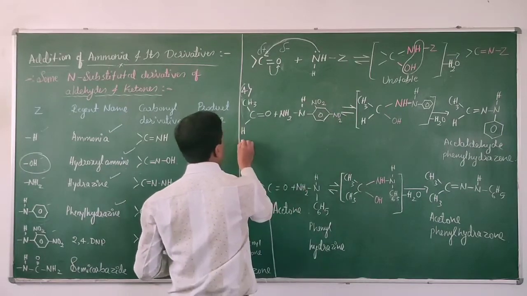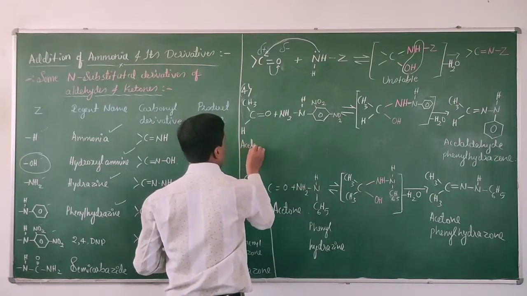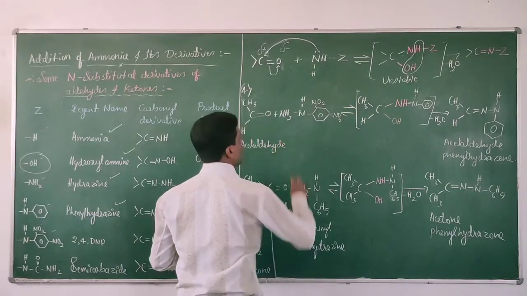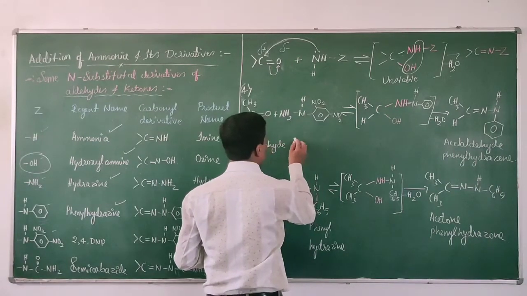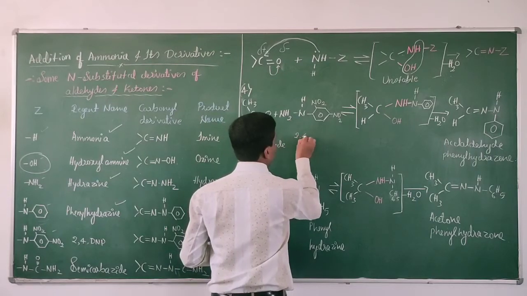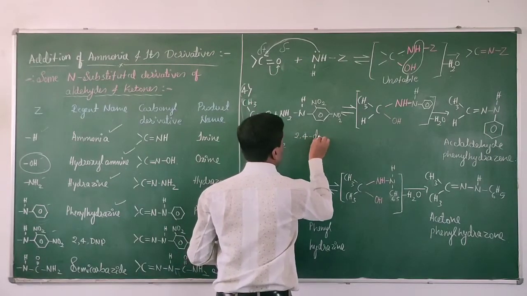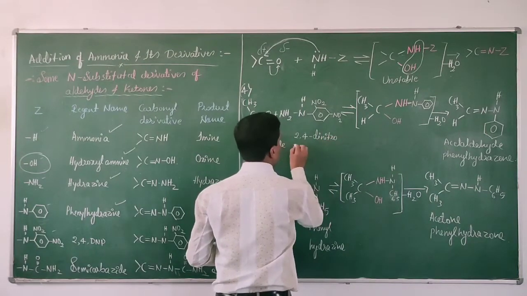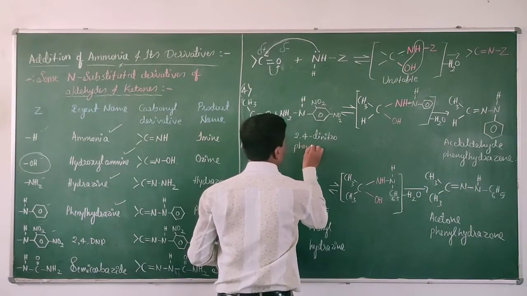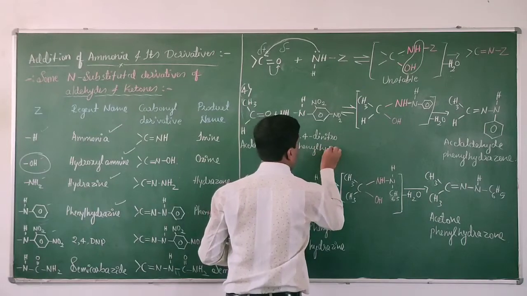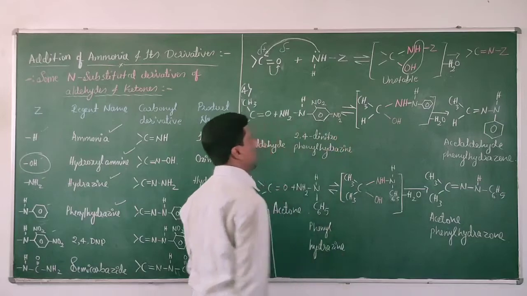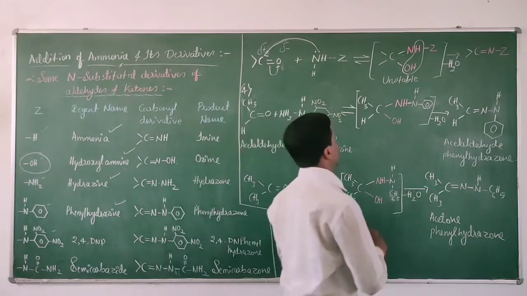This is what? Acetaldehyde. This is 2,4-DNP, means 2,4-dinitrophenyl hydrazine. Phenyl hydrazine.